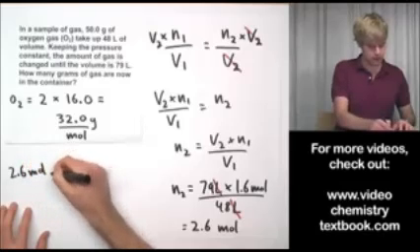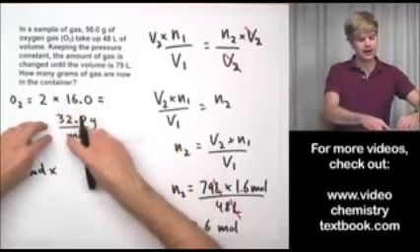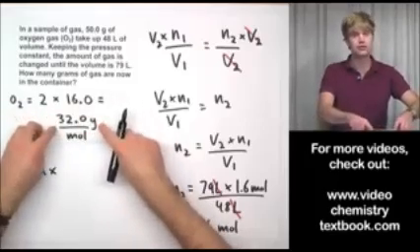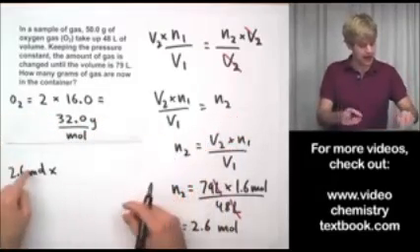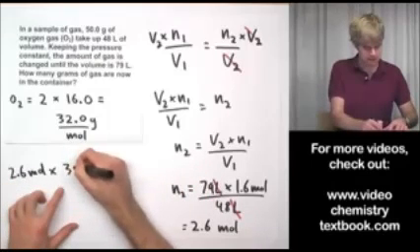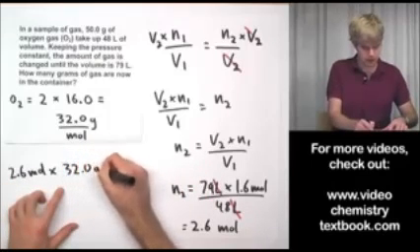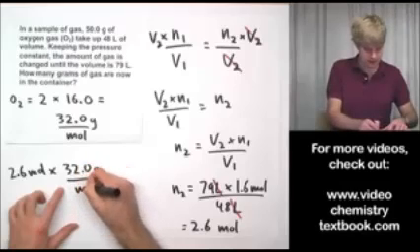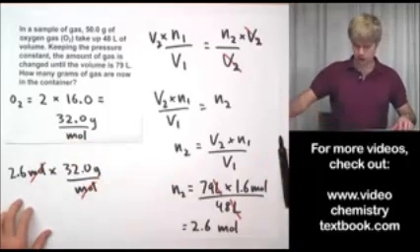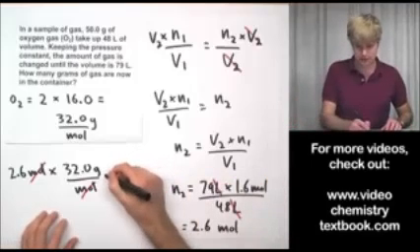And I'm going to take my mole number, 2.6 moles, and I want to multiply it by this conversion factor in a way that's going to get rid of my moles. So I can keep the conversion factor just as it is right now, and I'll have moles on the top, moles on the bottom. So 2.6 moles times 32.0 grams divided by 1 mole. Now, mole on top, mole on the bottom, they cancel out.